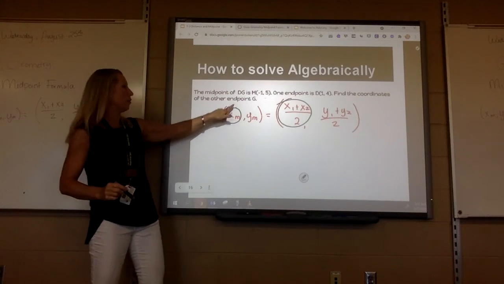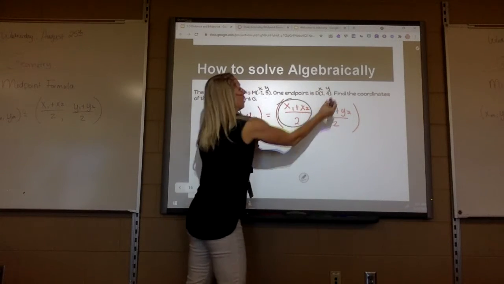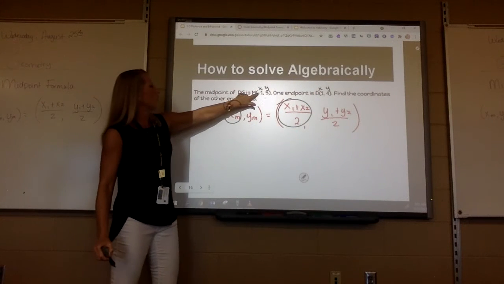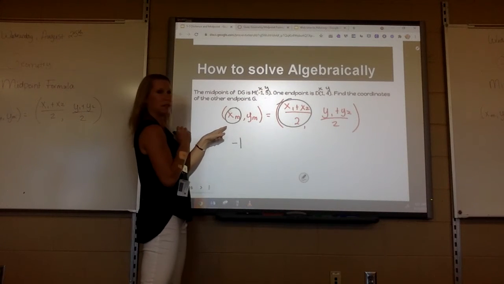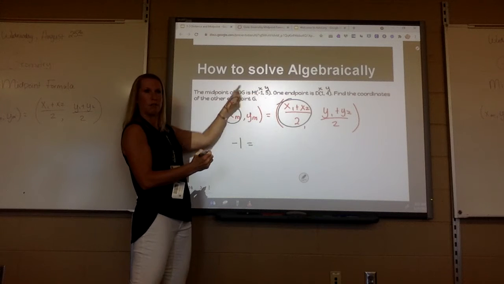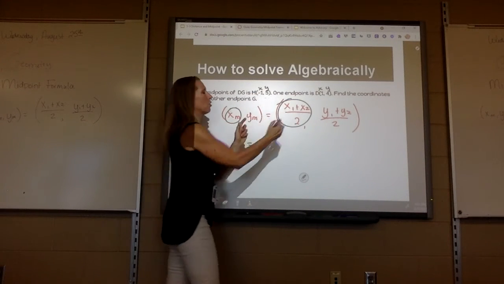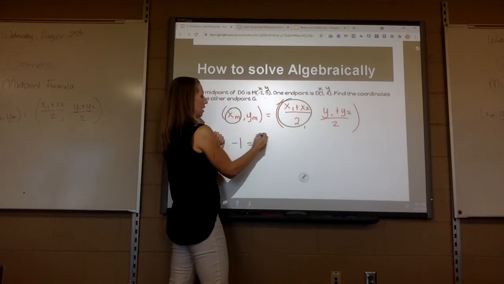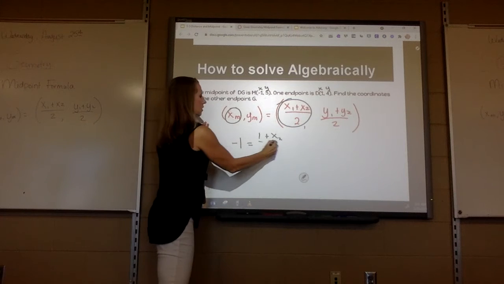I know the midpoint, so here's x comma y. So I know the midpoint is -1 of my x, and that has to equal, do you guys see that I got just the x value, -1? That's got to equal x1 plus x2. Well, I know x1 is 1, I don't know x2. Divided by 2.